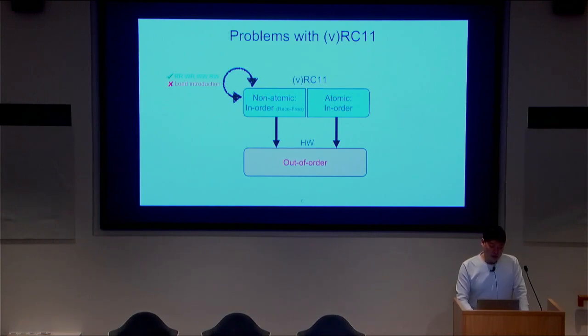Okay, but on the other hand, load introduction becomes invalid in this model, because if you introduce a load, it may introduce a race, right? So it may introduce UB. So this is unsound. And this is problem one. Okay, this is a problem because we want to allow load introduction.